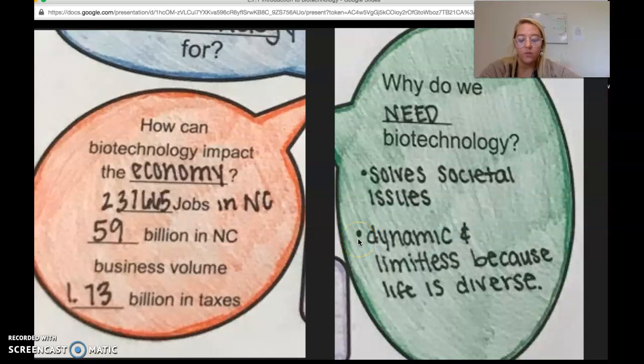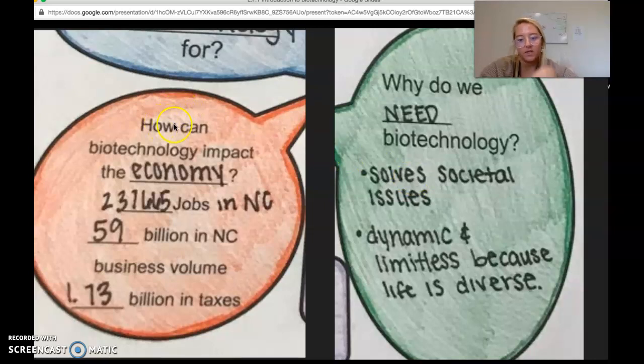The limits to what you can create and understand in this field are pretty limitless because life is so diverse. We can use many, many different organisms and cells and pieces of them, and it's really limited only by the creativity of the scientists working with it. So this field is destined to take off if the right kind of scientists and people are working on it. It's really, really cool.